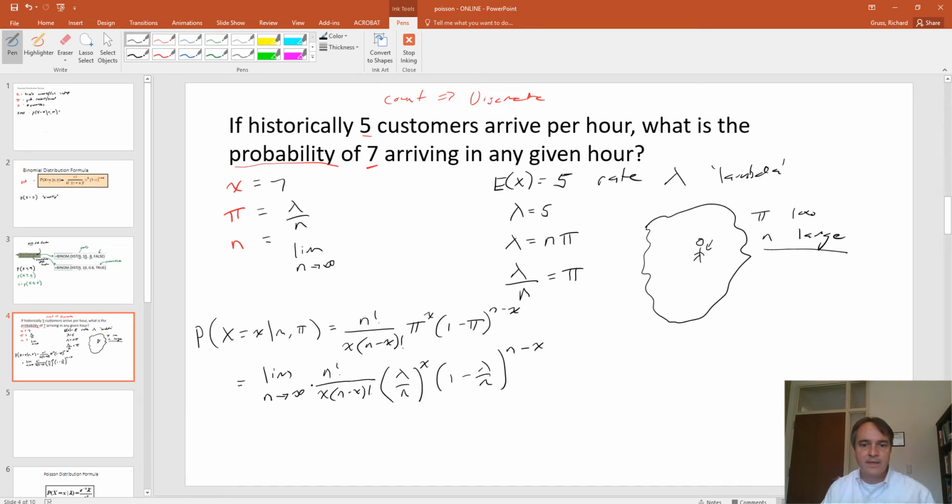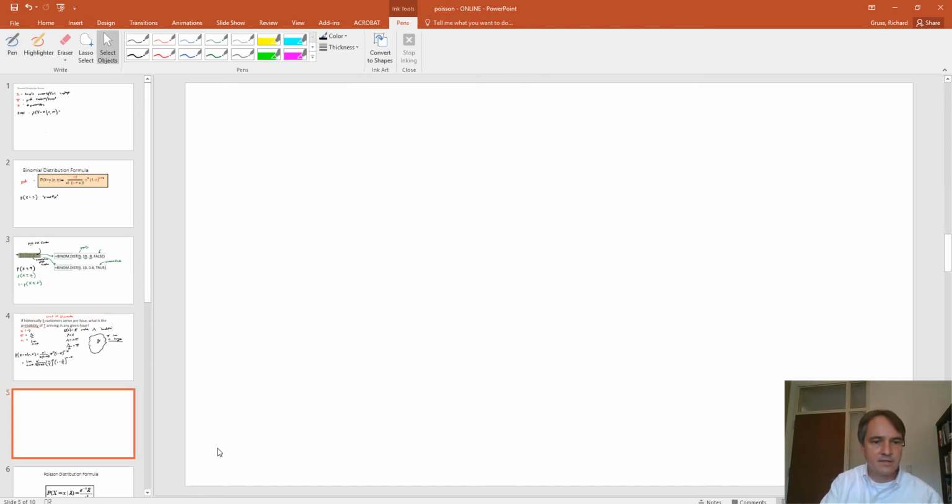In solving limits, you may remember this from calculus, we can pull constants out. Anything that doesn't depend on n, we can pull out, and then we can do some rearrangements and so forth. If you'd like to see all of the intermediate steps, you can probably find that, and I can recommend a source for it. But I'm going to skip a step and just show you that when we pull out the constants and rearrange some things, we wind up with something that looks like this.